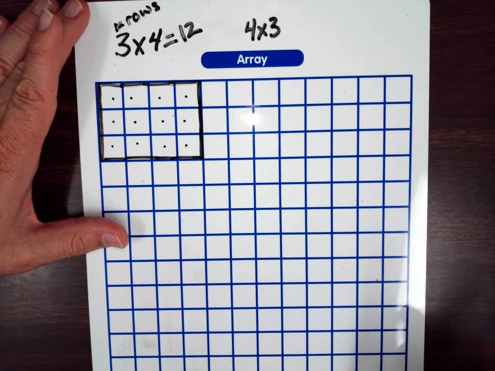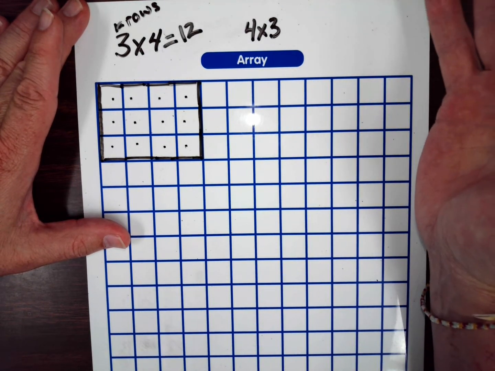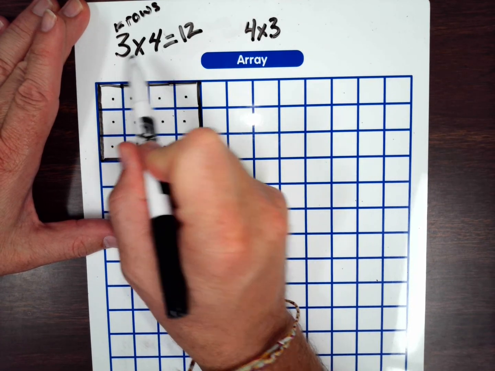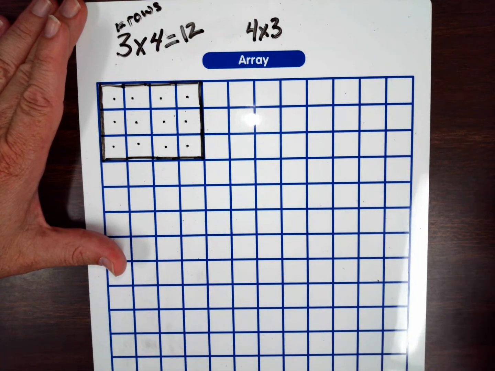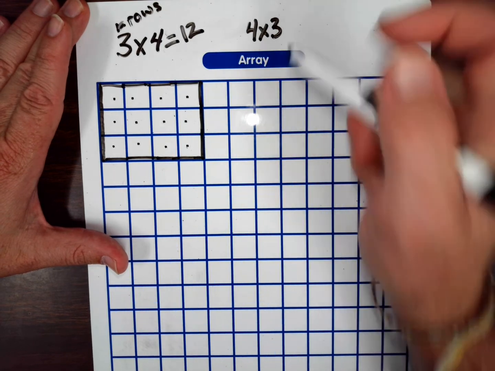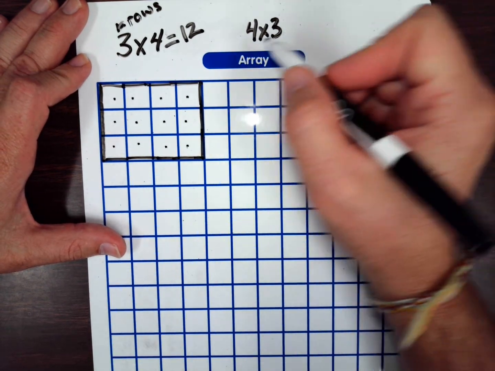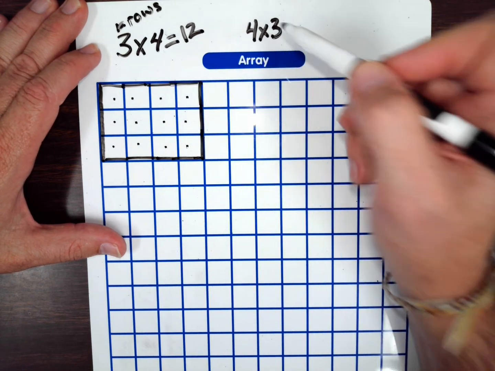So we're going to see if the commutative law of multiplication works. By commutative, I'm just switching the order of the 3 and the 4, kind of like we're doing an addition fact family. Now we're going to see if we can create a multiplication fact family. And we'll see if 3 times 4 is the same as 4 times 3.